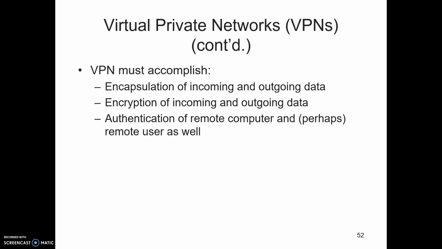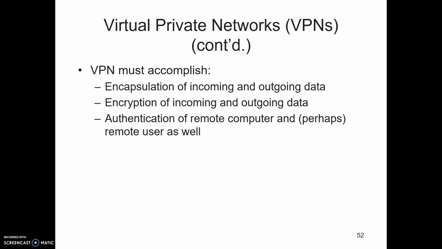A VPN that proposes to offer a secure and reliable capability while relying on public networks must address the encapsulation of incoming and outgoing data, wherein the native protocol of the client is embedded within the frames of a protocol that can be routed over the public network, as well as be usable by the server network environment.